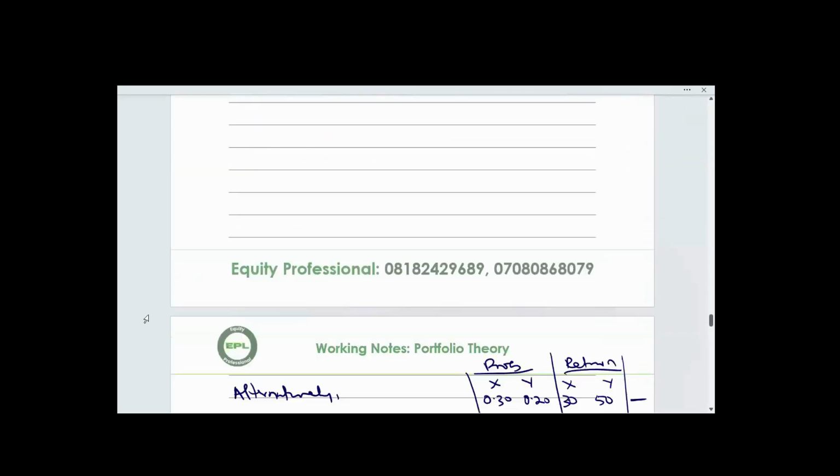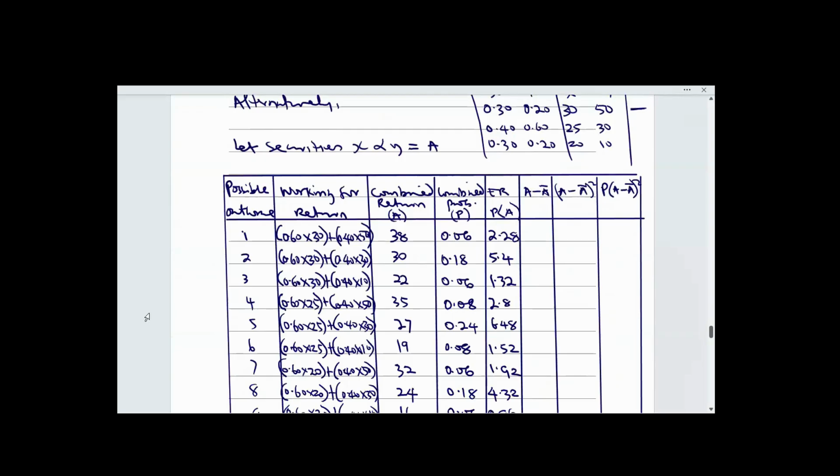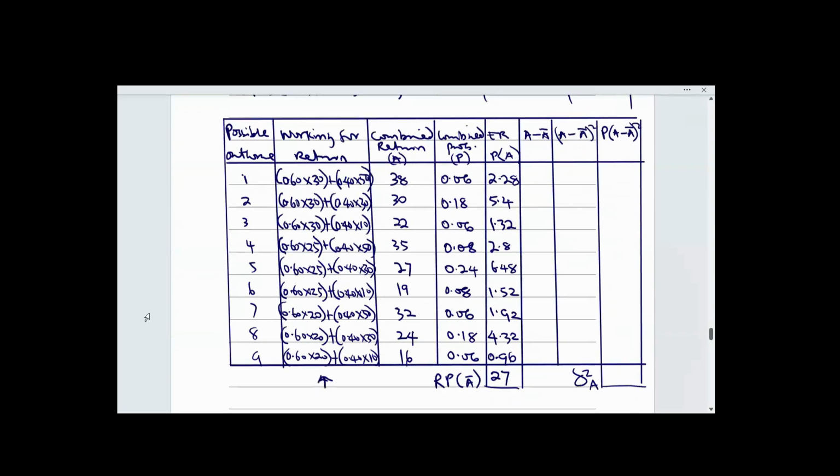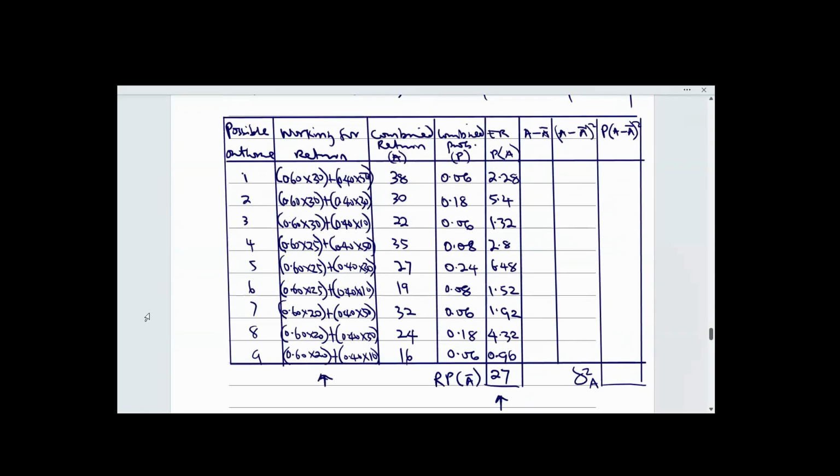So again, using the tabular method to calculate the standard deviation of the portfolio. So A minus A bar. So 38 minus 27 will give us 11, right?